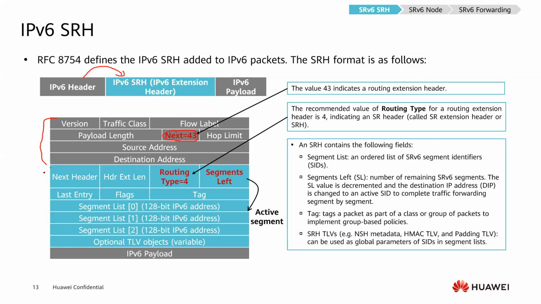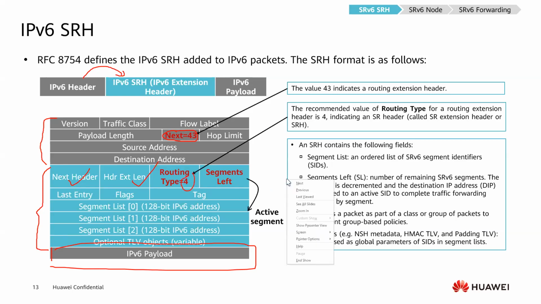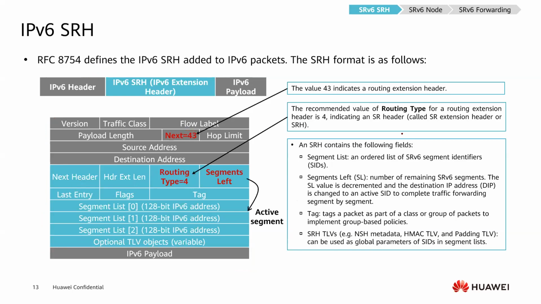And this is the IPv6 SRH header. The next header field is for what is below here; maybe there's another extension header. Length, we just passed. And the routing type is 4. This is fixed. If it is 4, it indicates this is the segment routing header.